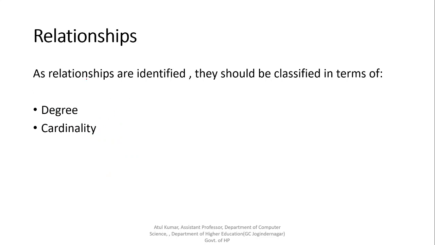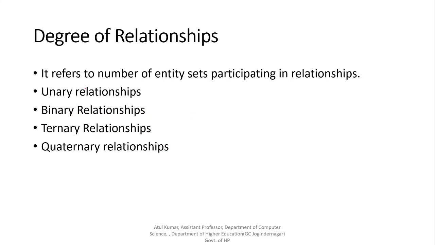As the relationships are identified, they are classified in terms of degree and cardinality. So what is the degree of a relationship? It is basically the number of entity sets participating in the relationship. If one entity is participating in the relationship, that relationship is called a unary relationship.